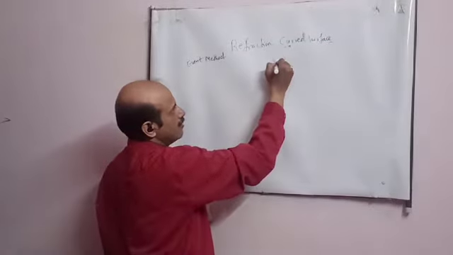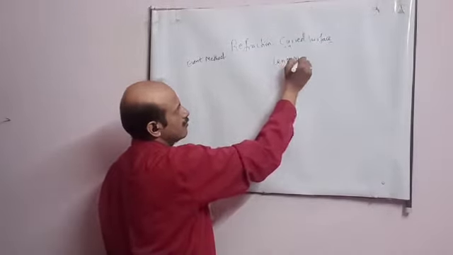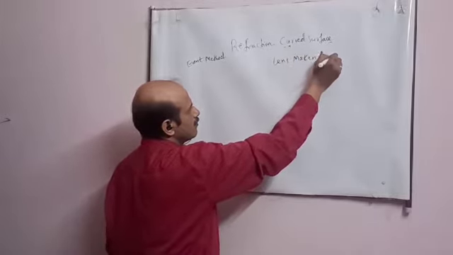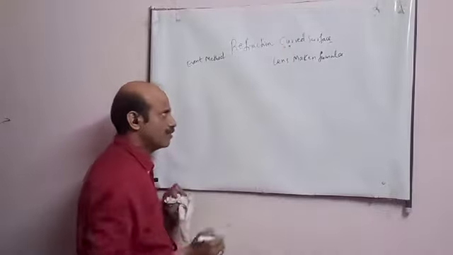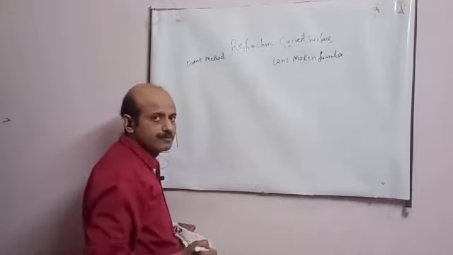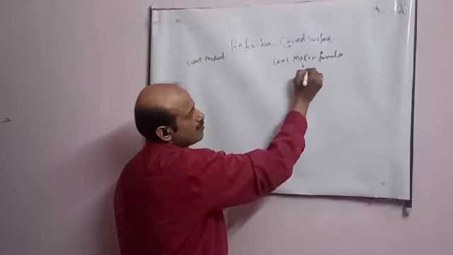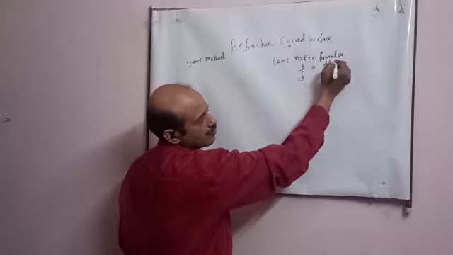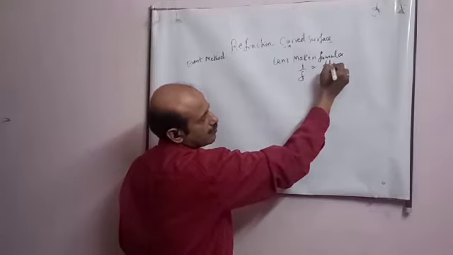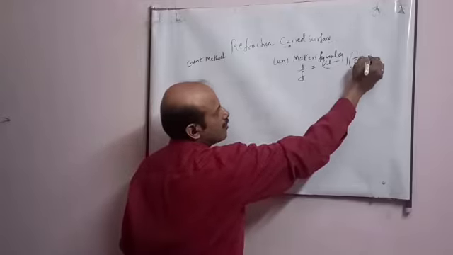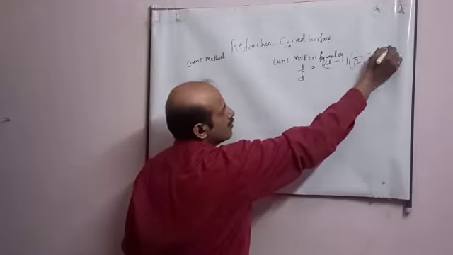Lens maker's formula. What is lens maker formula student? If you remember it, the formula is 1 by F is equal to mu minus 1 upon R1 minus 1 upon R2.